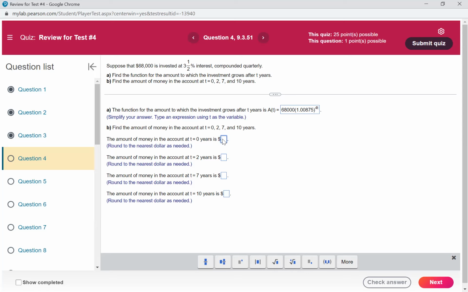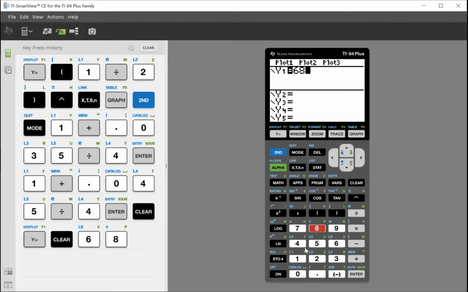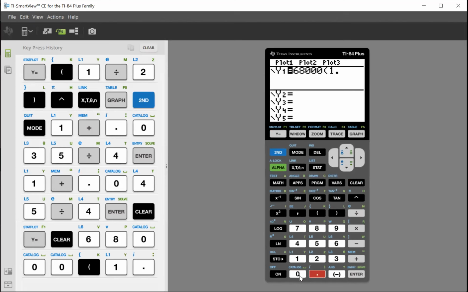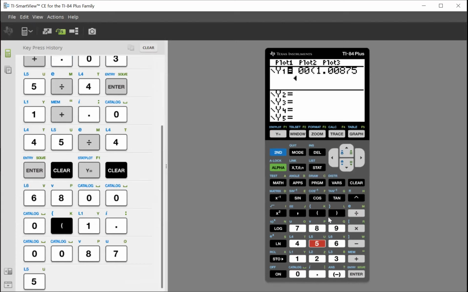I'm going to graph this because it's the quickest way to do these, by using your y equals and then that table. So I'm going to go to my calculator. I'm going to go to y equals and put in my 68,000, parentheses, 1.00875 close parentheses, and then my exponent is going to be 4.